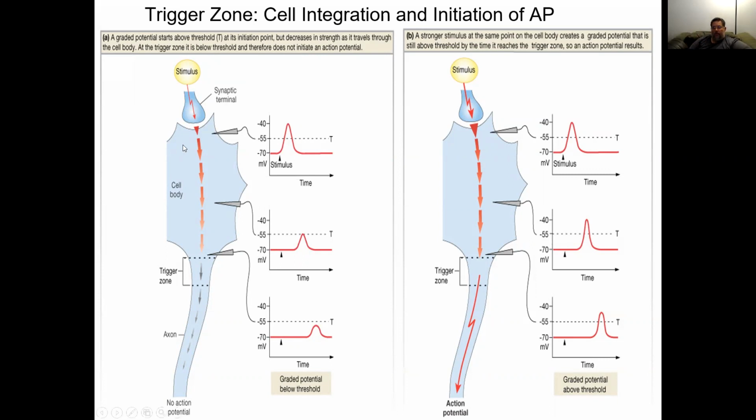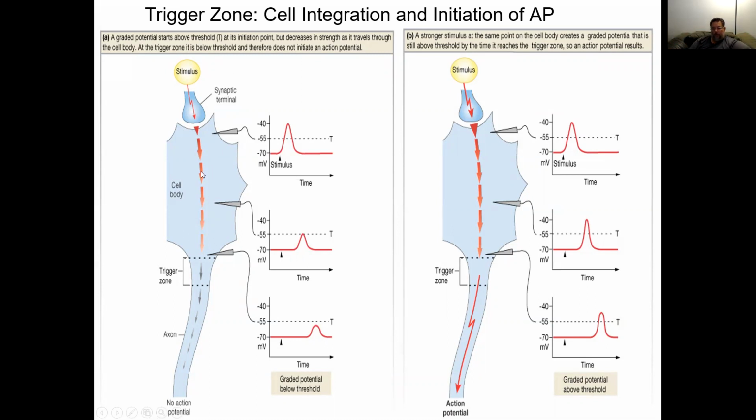And so sodium comes in and then it flows through the cell body. As it travels through the cell body, again, it's a strong concentration initially, but in this particular example, the cell body is pretty long, microscopically speaking, or for some other reason, or maybe this wasn't a very strong excitatory response, meaning there wasn't a lot of neurotransmitters released.